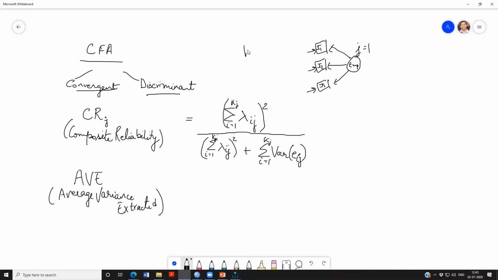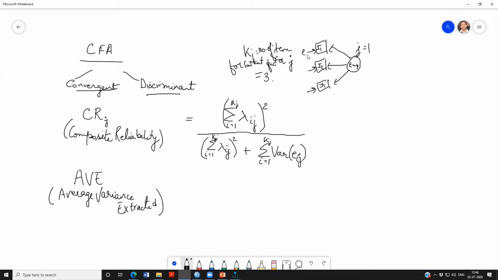So what is Kj? Kj is the number of items for latent factor J. Very simple. This latent factor J has 3 items, so Kj becomes 3.